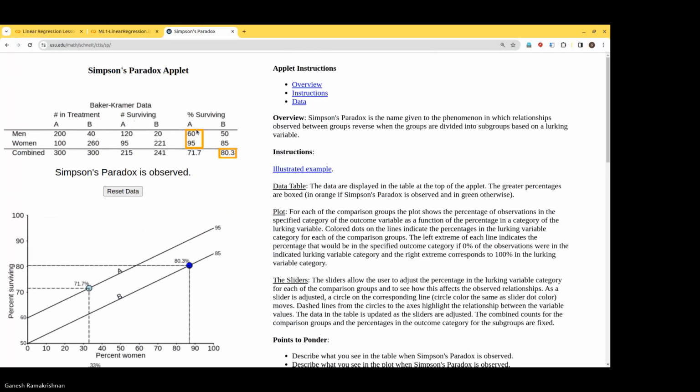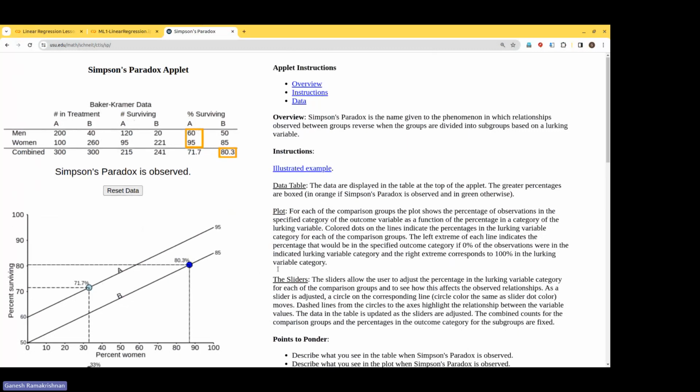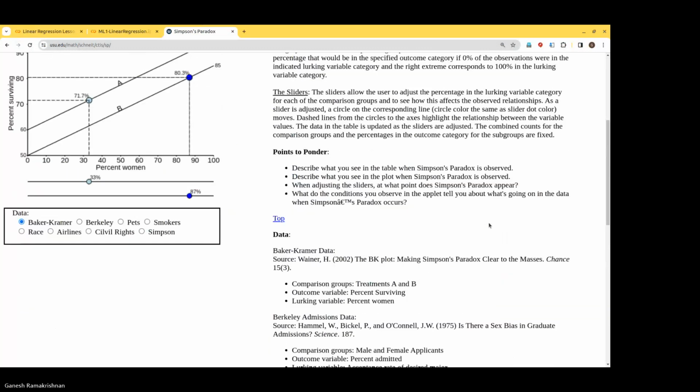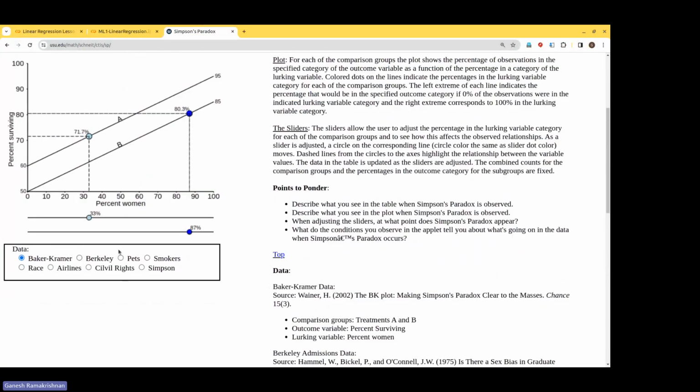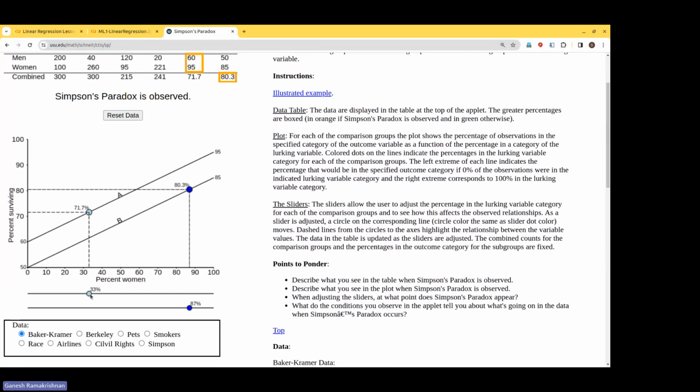What this is showing is what happens if you have an ad hoc policy. You see this curve here. You can slide this.